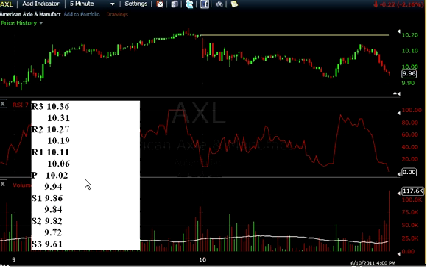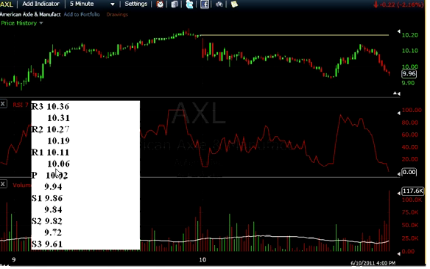So if a lot of traders are doing this, it makes sense to take a look at what they're looking at. They're going to be jumping in and out using their pivot points. Pivot points are calculated on the high, the low, and the close of the day. You take those three things and divide them by 3. That gives you your pivot.